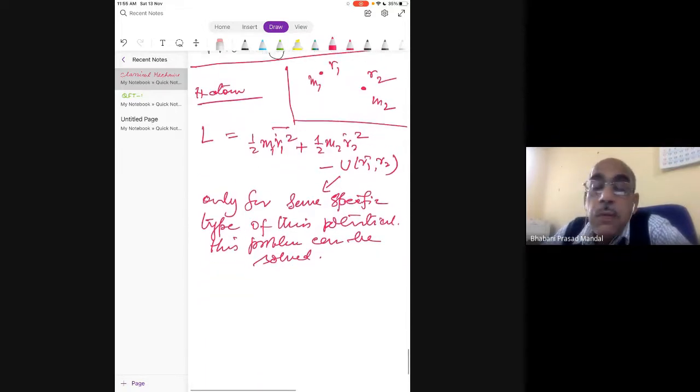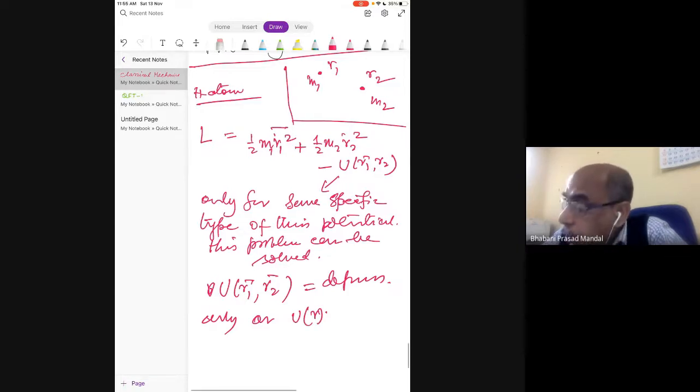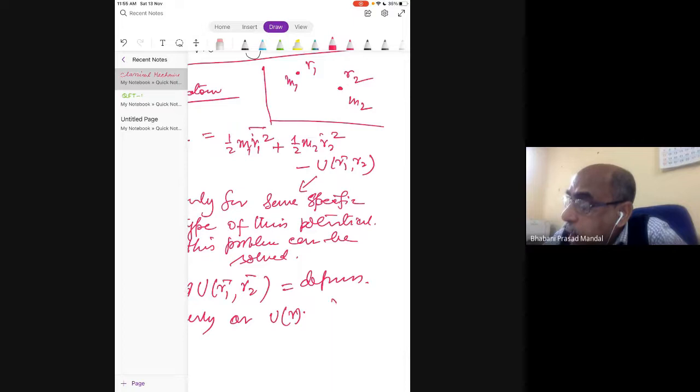A central force is when this potential U(r1, r2) depends only on the separation of these two position vectors, with no angle dependence, only on r, which is r2 minus r1.